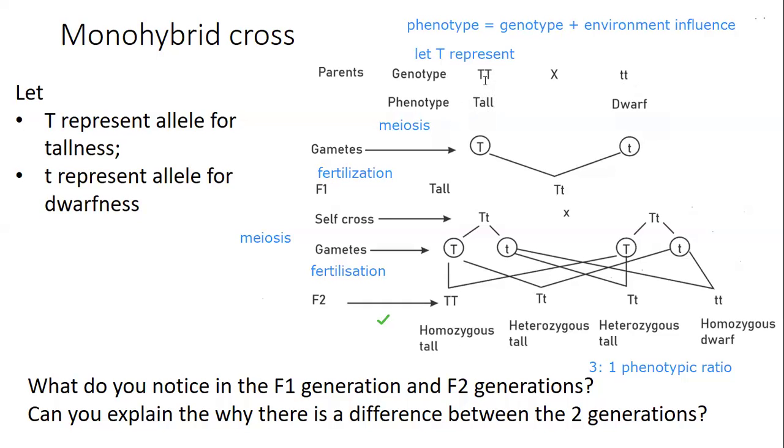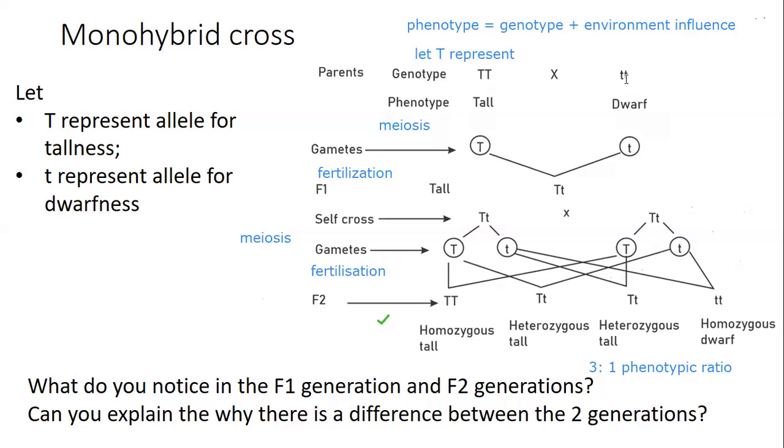So if we had capital T, then the alleles must segregate, and when they do segregate, all the gametes will have capital T, as you see here. Then here, all of them will have small t, because their parent also had small t.